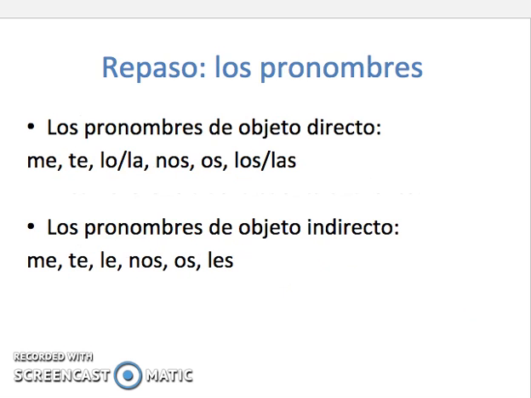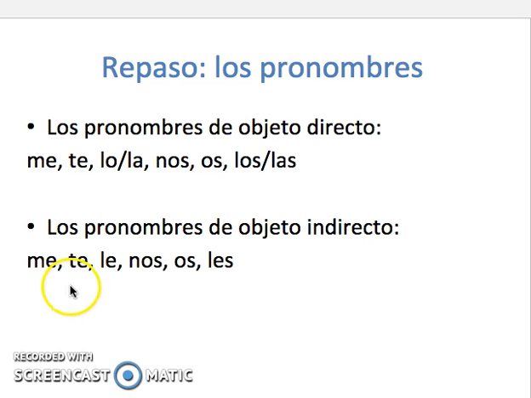Okay, vamos a repasar primero. So you have seen the direct object pronouns en español. Estos pronombres son me, te, lo, la, nos, os, los, las, right? And we have seen also the indirect object pronouns with the verbs like gustar not too long ago.